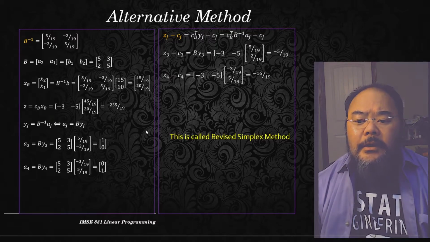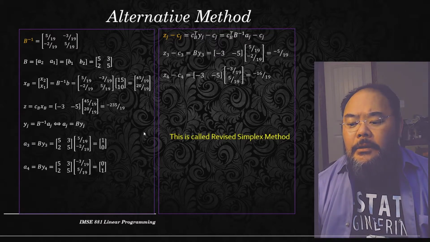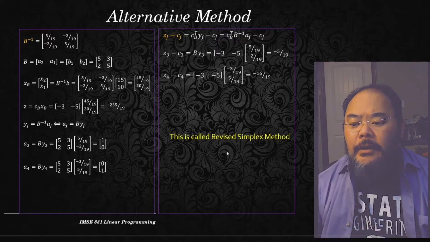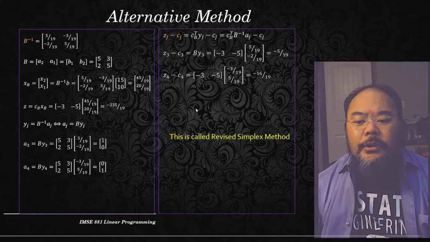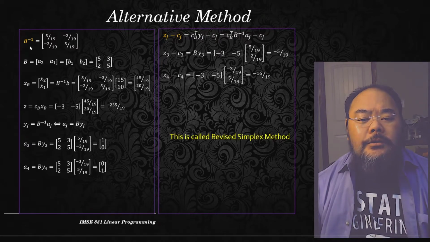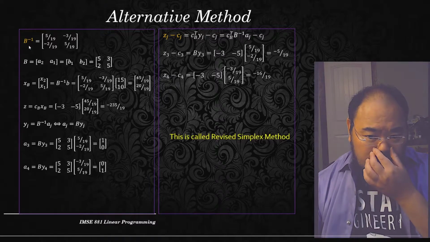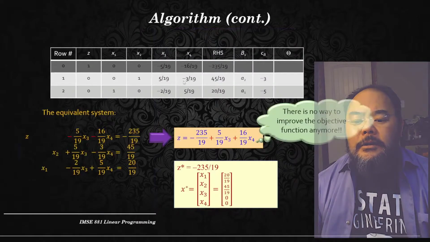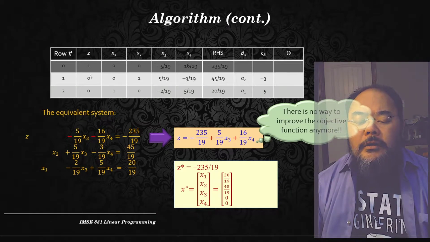And this method is traditionally called the revised simplex method. This is the way we want to implement the whole simplex method in a computer. We're going to show you later on, but here I'm just quickly running through. Based on one piece of information, a new basis, once you calculate B inverse, then you can calculate the current simplex tableau if you want to.